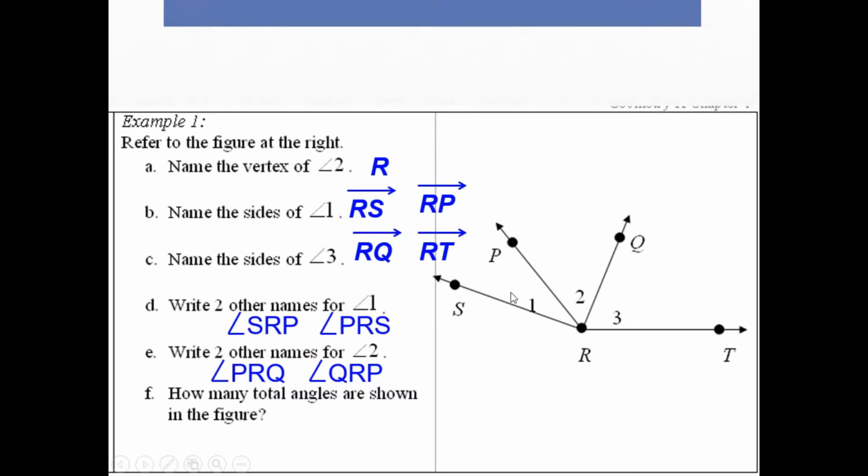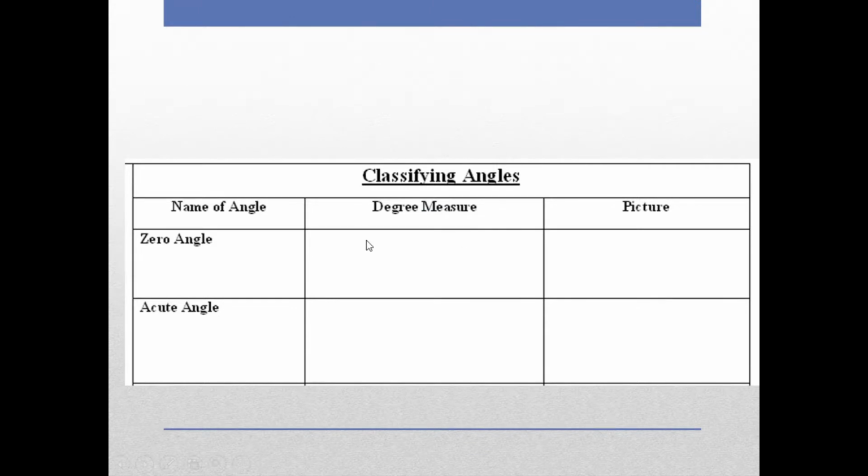How many total angles are shown in the picture? There's obviously the 3 smaller angles. There's also the one big angle that they all combine to make. But there's also the angle made by just angles 1 and 2, and the angle made by just angles 2 and 3. So really there's 6 total angles in that picture.